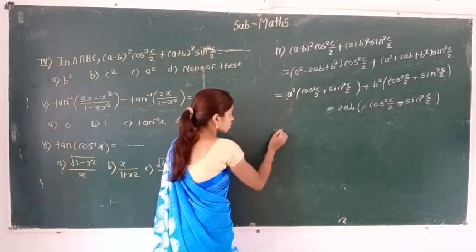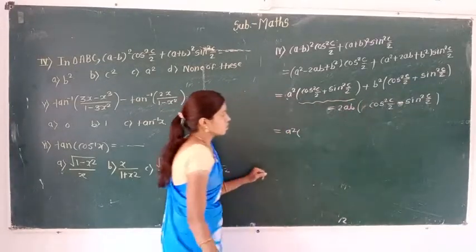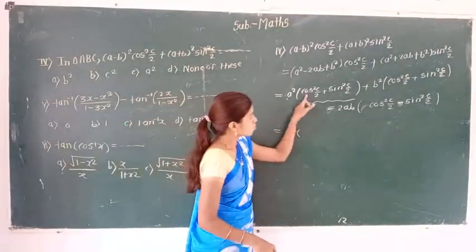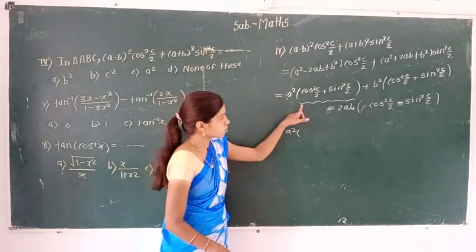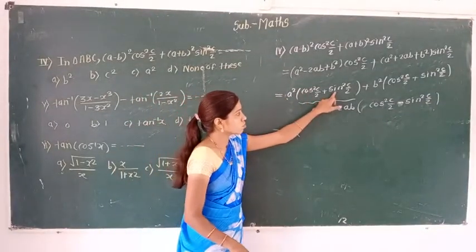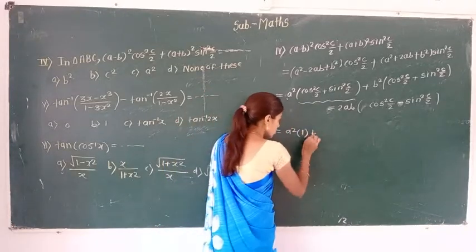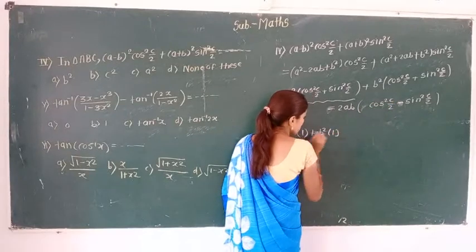Now take a square as it is. We know the value of sin square C by 2 plus cos square C by 2. In that case we have to use the identity sin square theta plus cos square theta equals 1. So similarly in this bracket we can write 1.